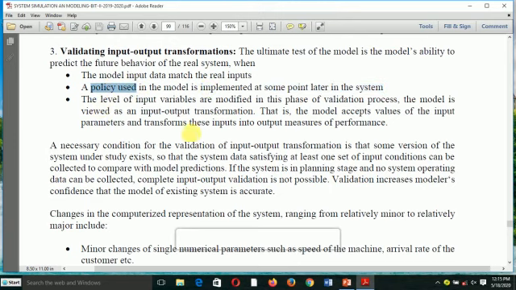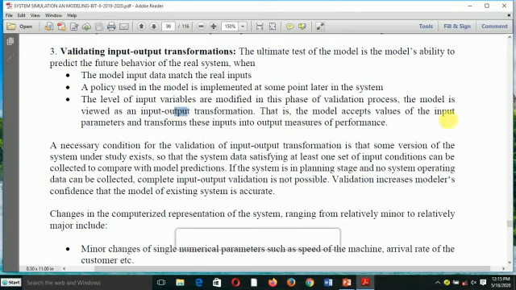Or the level of input variable is modified in this phase of the validation process. The model is viewed as an input-output transformation. You can modify variables. If you modify the input variable, the output of those variables will also change. So you have to check everything.